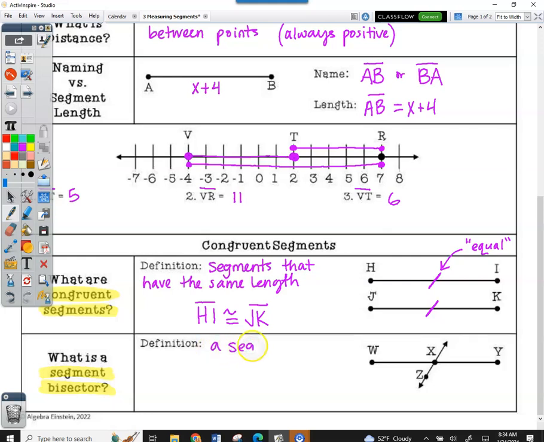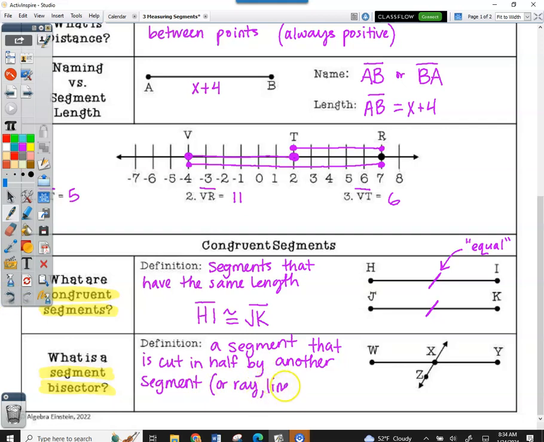So a segment that is cut in half by another segment, and then I put in parentheses ray or line, because the piece that actually cuts it in half could be a line.